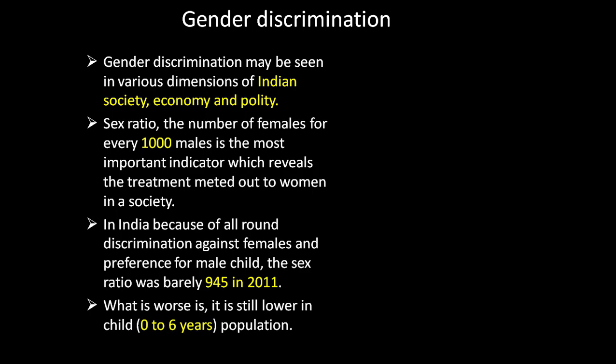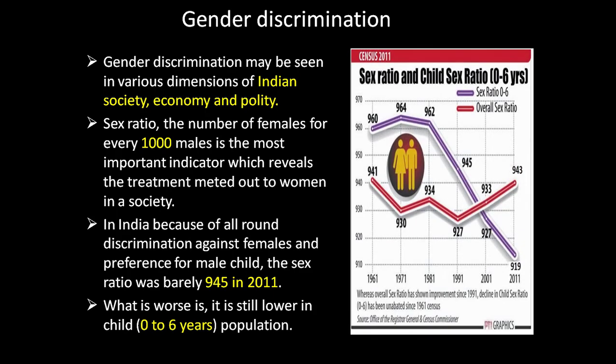We are going to identify the sex ratio, the number of females for every 1000 males, which is the most important indicator that reveals the treatment meted out to women in society. Thus, gender discrimination we identify in the concept of sex ratio, especially the child sex ratio between age groups, in the statistical report.